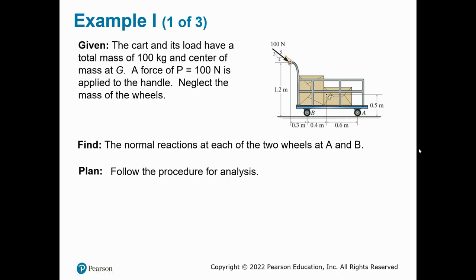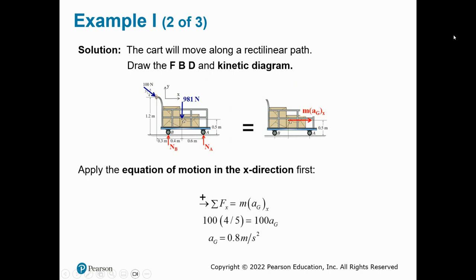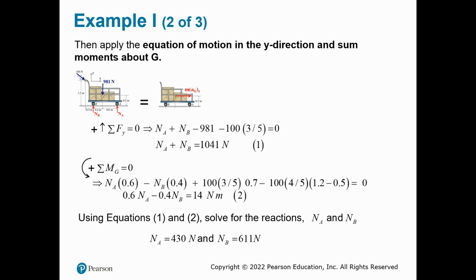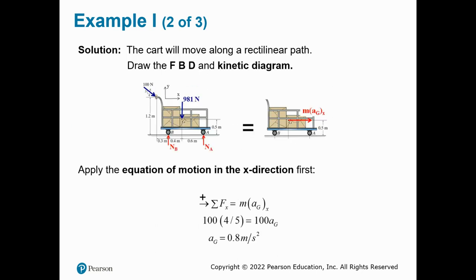Let's take a look at some examples together. This one right here, we know the car is not going to rotate. If it's not rotating, you know what to do. We're going to draw our free body diagram and kinetic diagram, and write our equations. Not rotating means sigma M_G equals 0. Free body diagram, and then we put the sum of all the forces together in the horizontal direction.